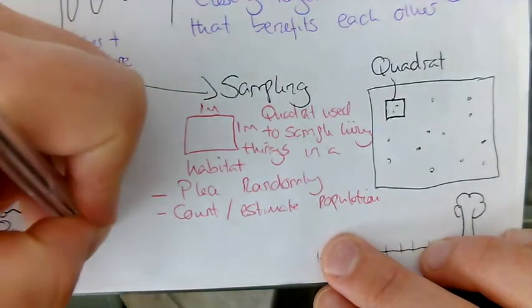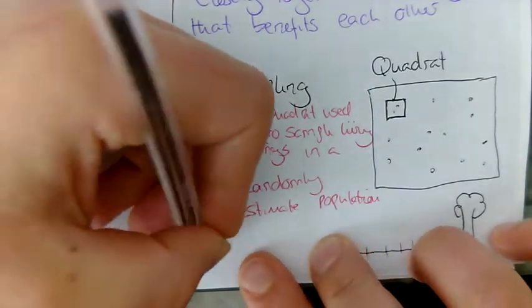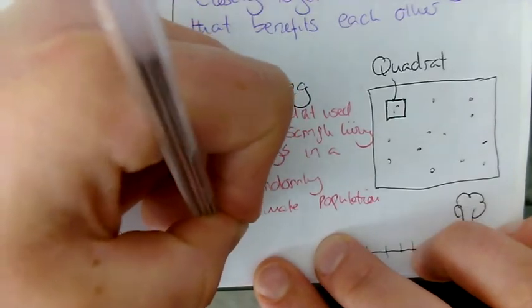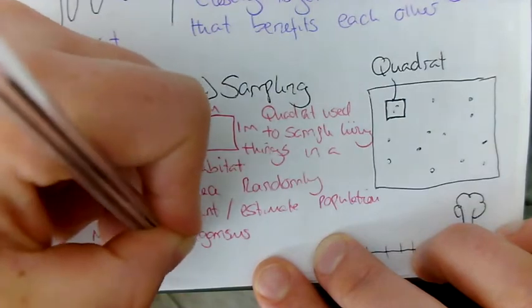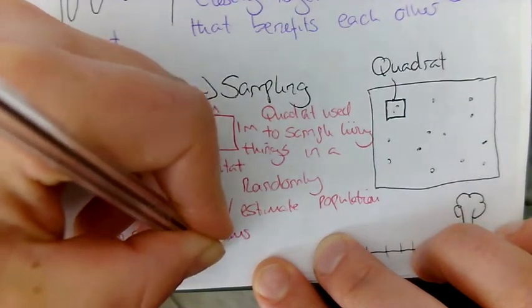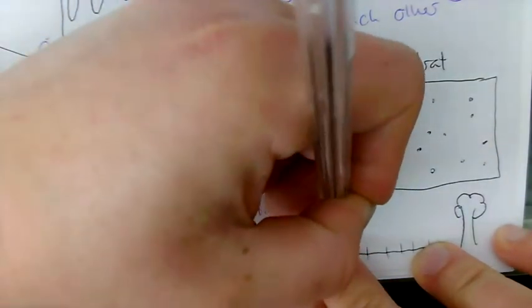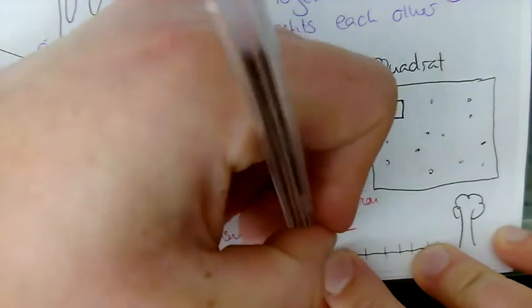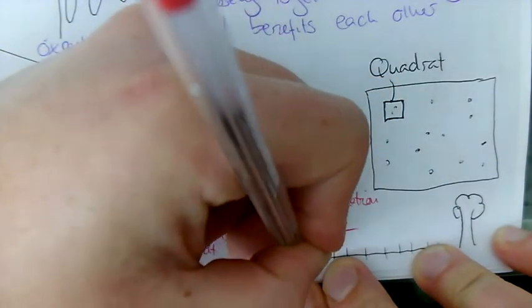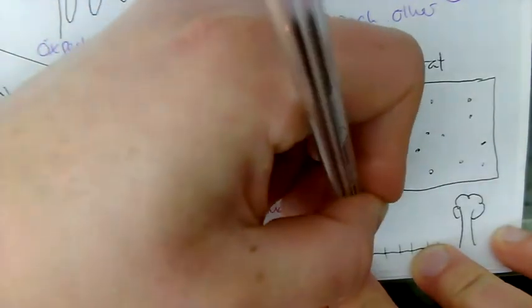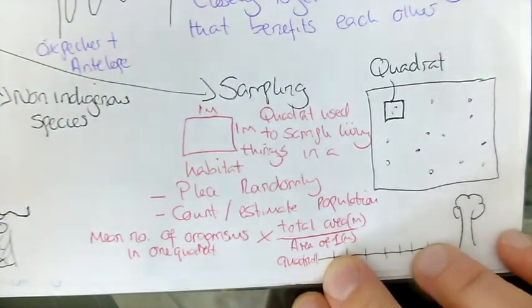So it's mean number of organisms in one quadrat times total area divided by area of one quadrat. And these are metres squared.